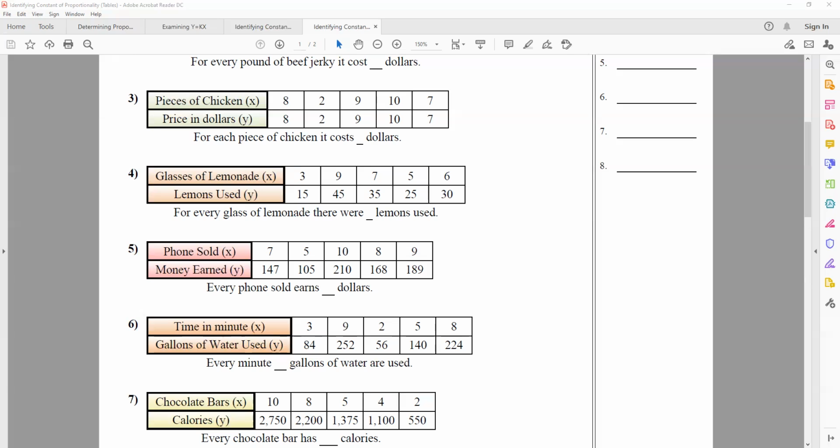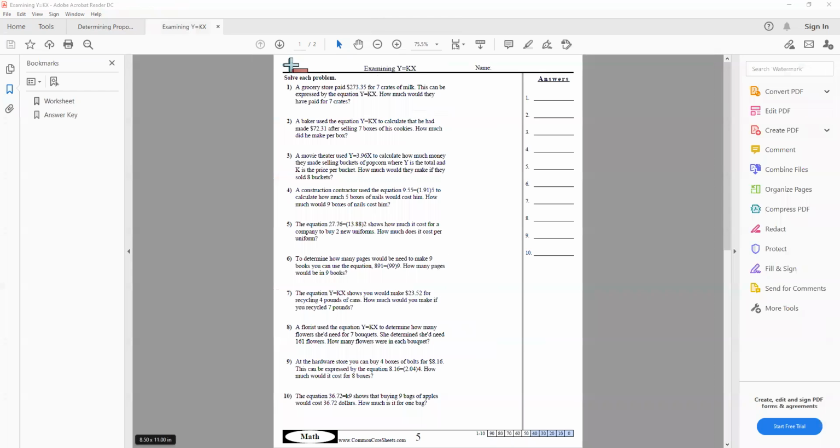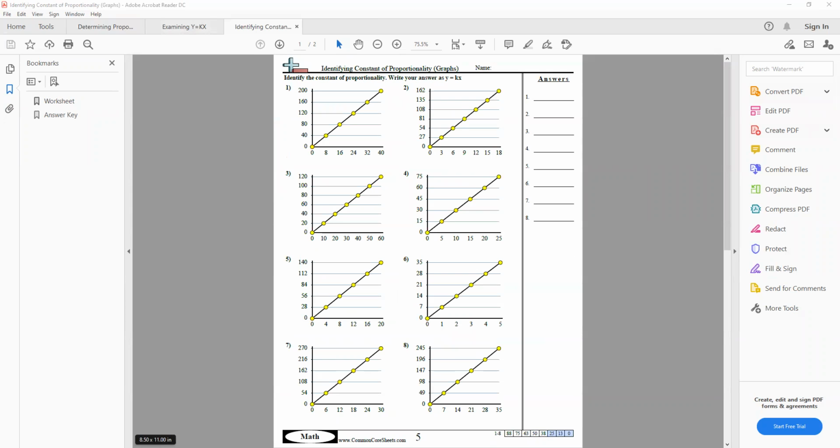Next one is determine proportional to. Okay. 7K factor. Table.